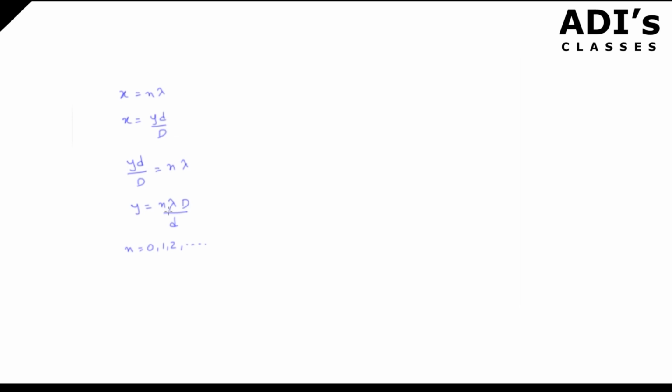Here the n value is 0, 1, 2, and so on. This gives us the position of any bright fringe. For the first bright fringe, put 0, the second one, put 1, the third, put 2, and like this we get the value for whichever fringe we have.